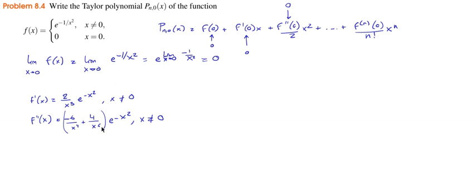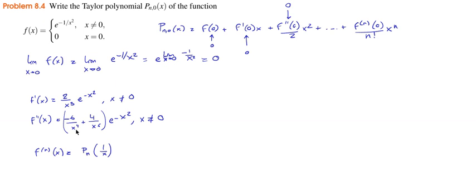Because all the derivatives are going to be a function of 1 over x to something times e to the minus 1 over x squared, right? And this goes to 0 much faster than any polynomial expression that we can write here. A way to show this is to prove using induction that the nth derivative is a polynomial in 1 over x, right? So this is a weird polynomial.